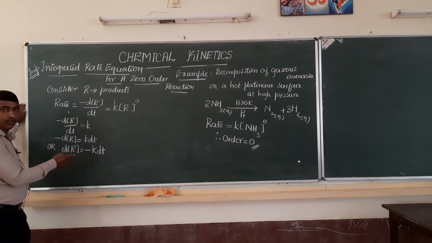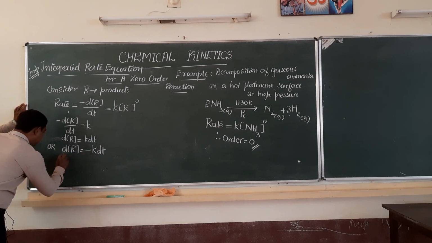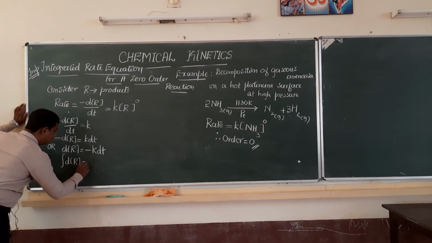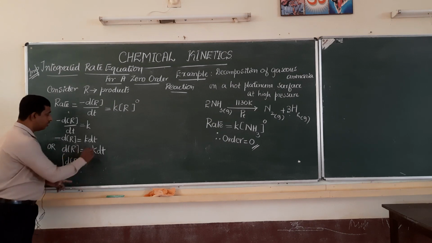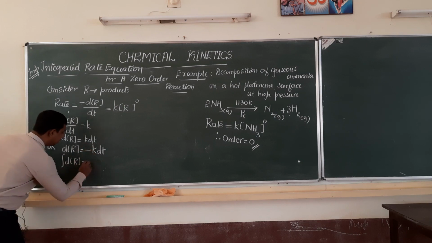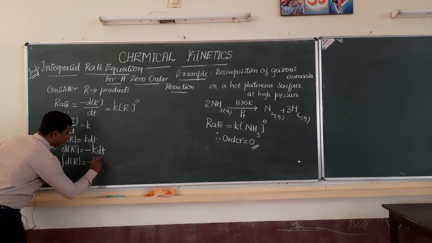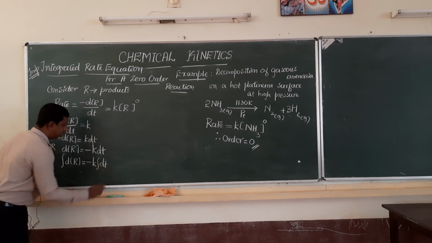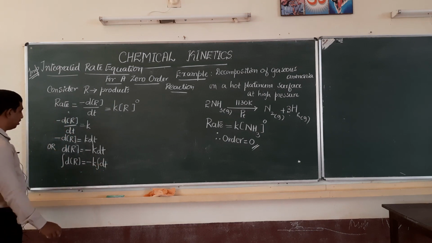Let us integrate on both the sides. Integral of dR equals minus K integral of dt. K is a constant, and a constant cannot be integrated, so let us take it outside.